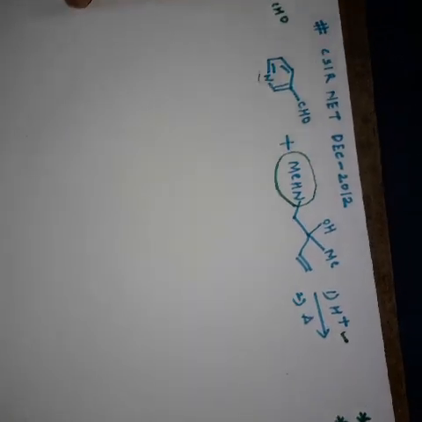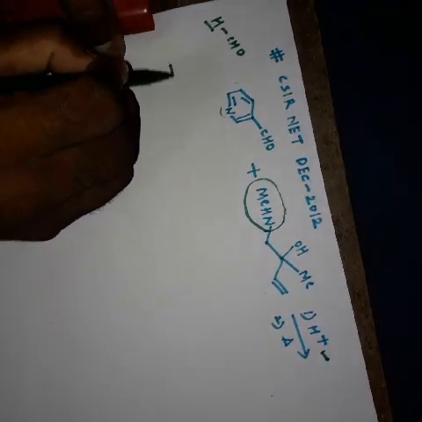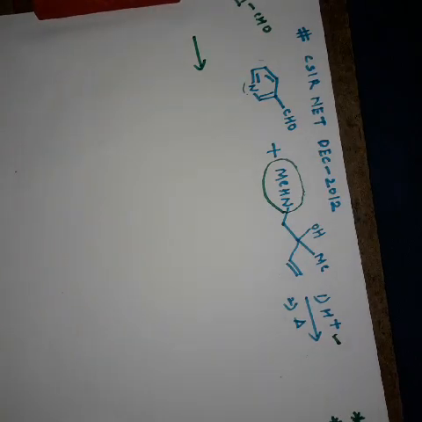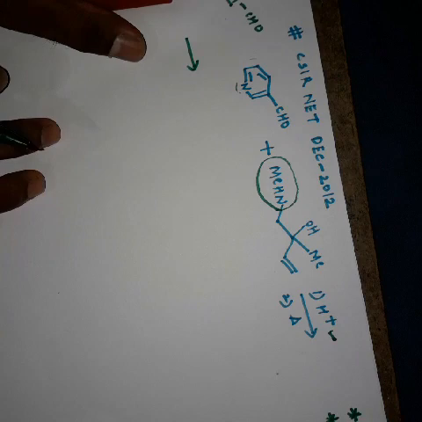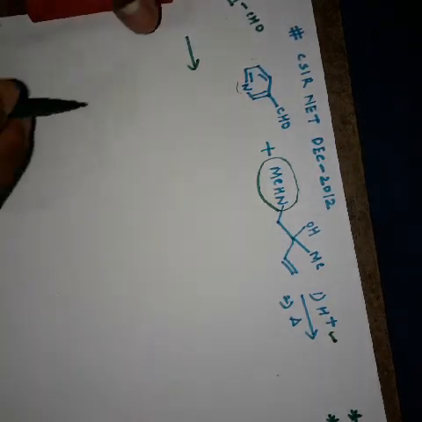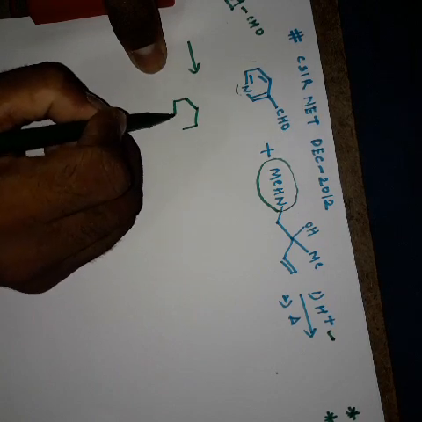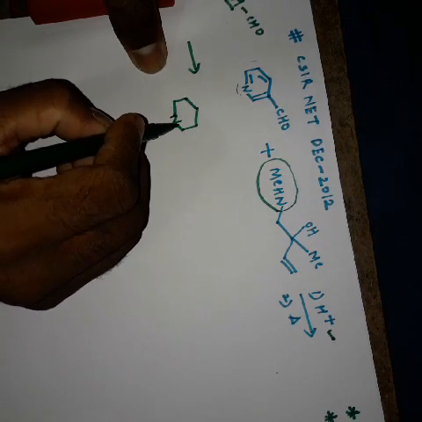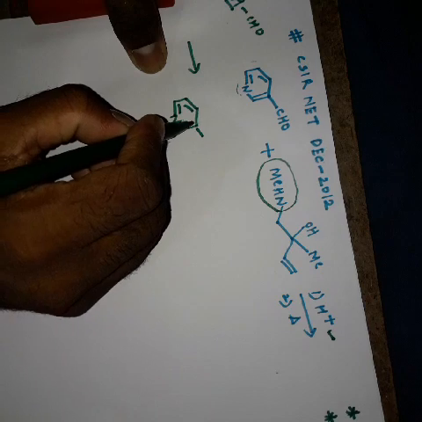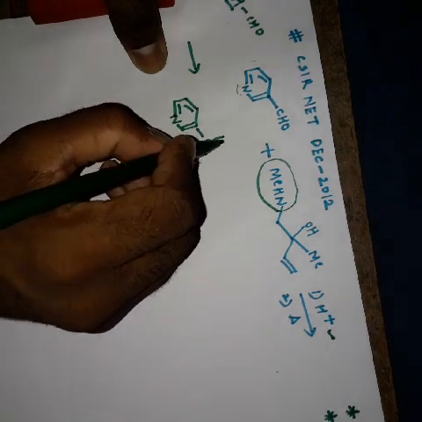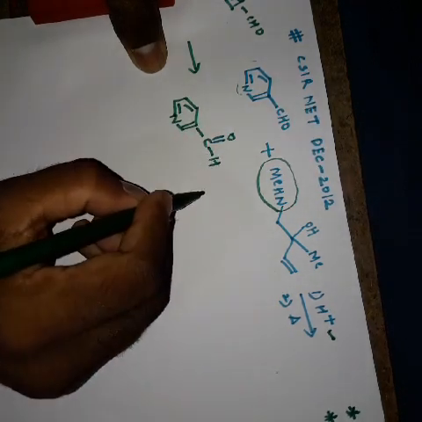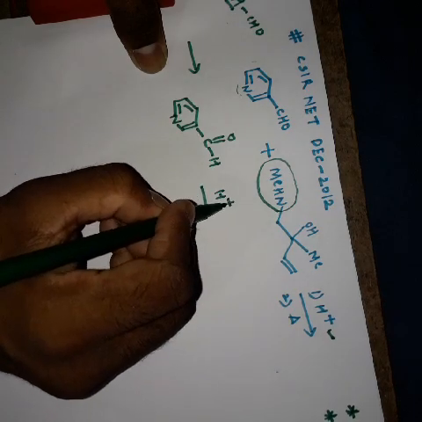Okay, so let us solve this question. As we have already done in the Mannich reaction, first there has to be a formation of the iminium salt. So we are going to generate the iminium salt. Let us take this pyridine. I am opening it like this in presence of H plus.